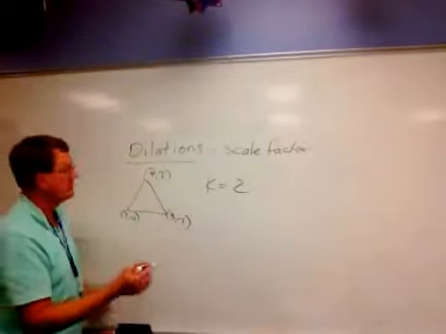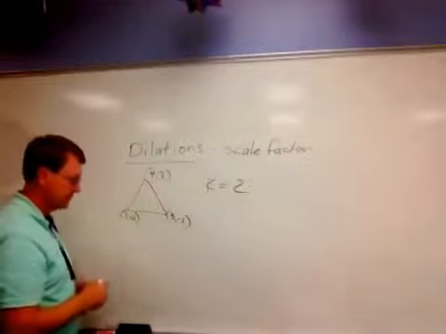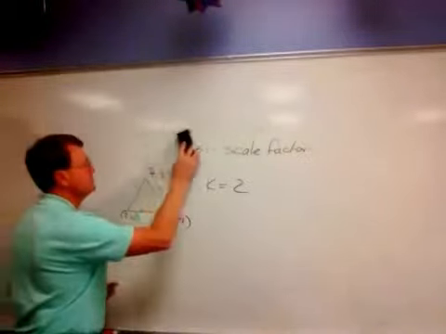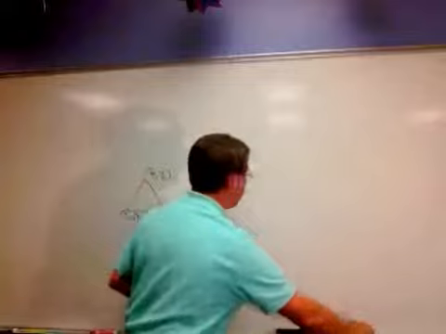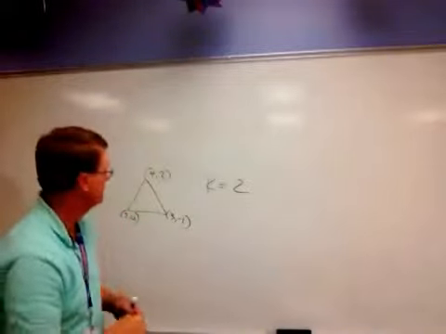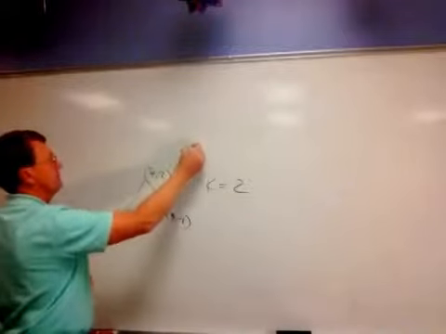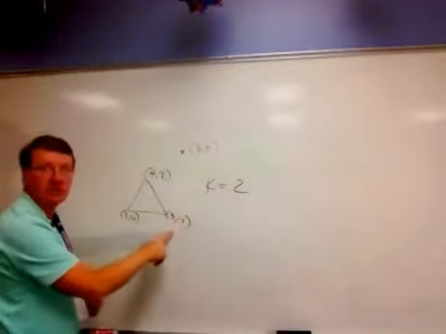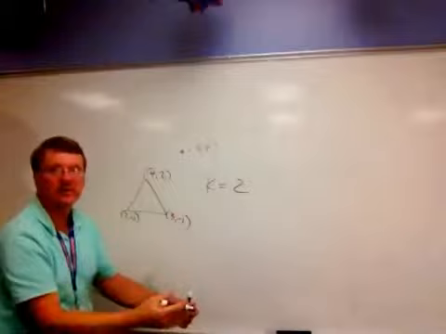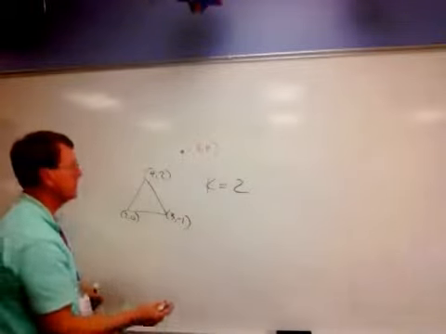Everything's just doubled. Instead of 4, 2, they now go out to 8, 4. Where's 8, 4 at? Up over here. 8, 4. What does this one become? Transform. It becomes a different shape.